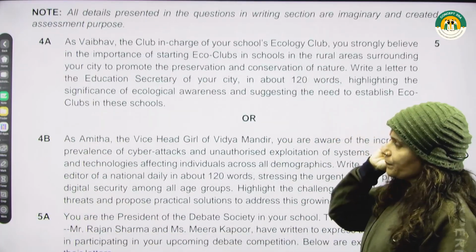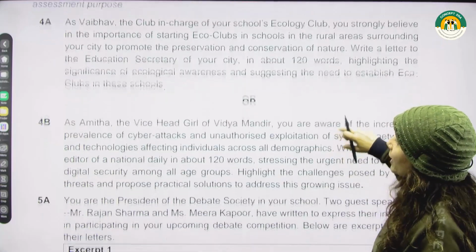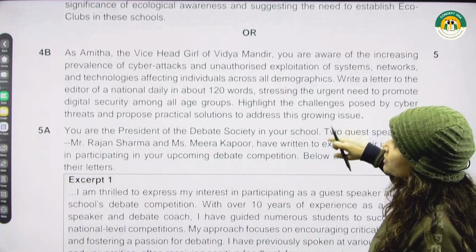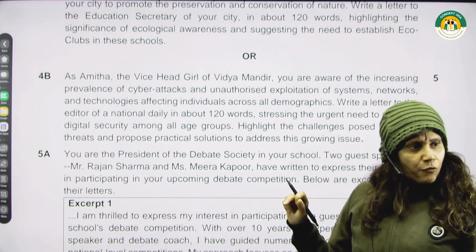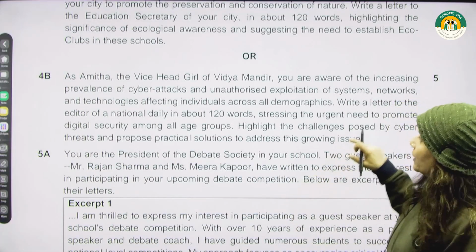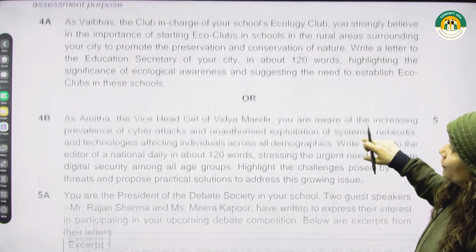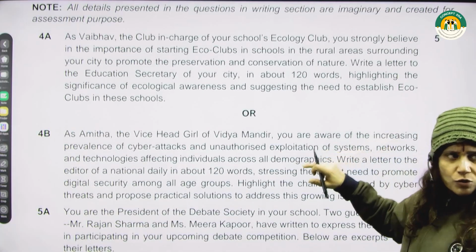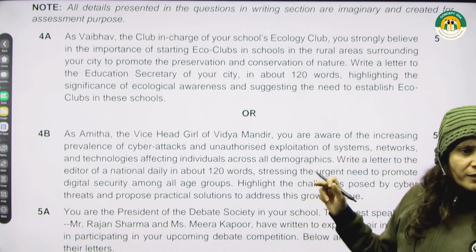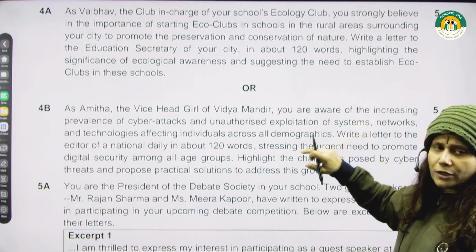Moving ahead, the fourth type of letter is enquiry letter. Further, it is divided into two parts: enquiry for accommodation and enquiry letter for courses. It might be a short-term course or a long-term course.